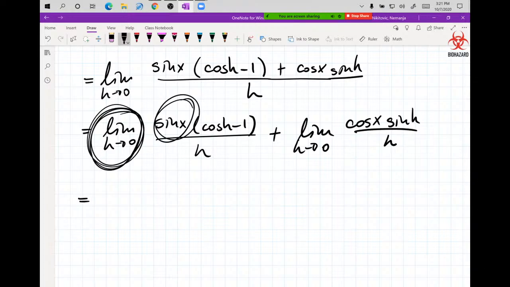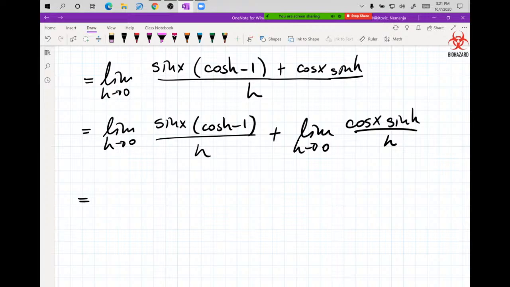In the eyes of the limit, sine x is a constant because the limit is h going to 0, not x going to 0. So any variable x is just a constant in the eyes of the limit that has h going to 0.